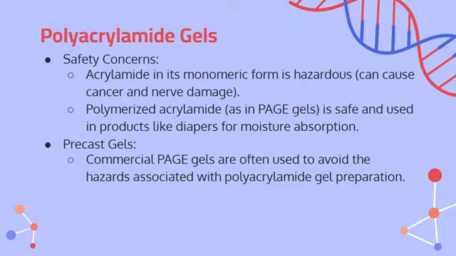Since this is a pretty caustic substance, acrylamide in its monomeric form is hazardous and can cause cancer and nerve damage. Polymerized acrylamide, as in the PAGE gel, is safe and used in products like diapers for moisture absorption.